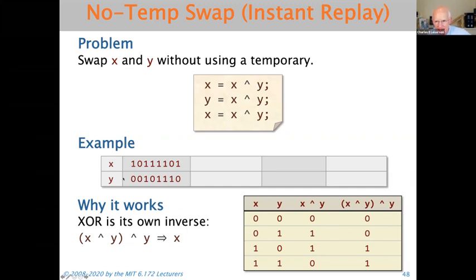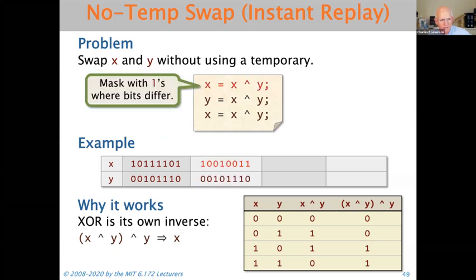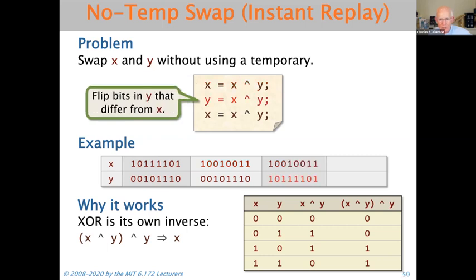So let's do it again, sort of instant replay, and of course instant replay will do it slow. The first step computes a difference mask indicating which bits are different between x and y. That's what we end up with. Then when we do the second step, y gets the value of x, because we're flipping all the bits in y that are different from x.